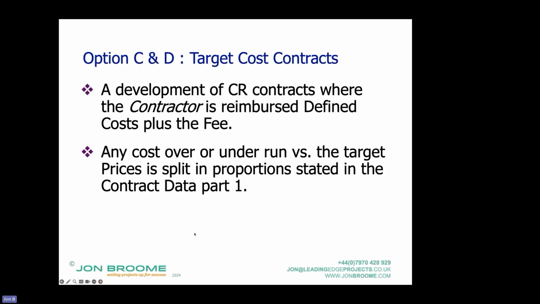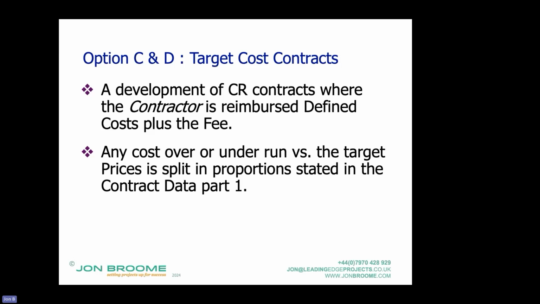Target cost contracts are a development of cost reimbursable contracts. And if you read the contract and the different options, the main payment options, essentially the key difference between a target cost contract and a cost reimbursable contract is the incentive mechanism. There's an extra set of clauses for an incentive mechanism. So during the contract, the contractor is reimbursed their defined cost plus fee as a cost reimbursable contract.